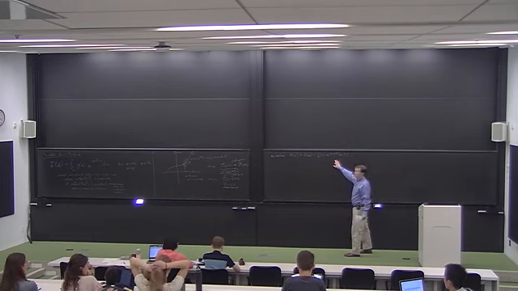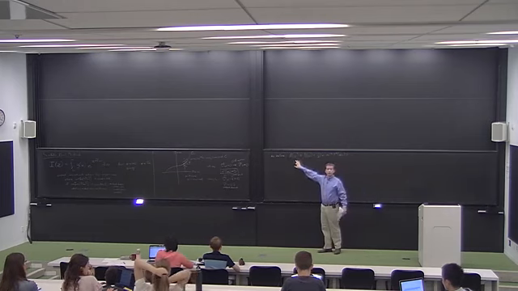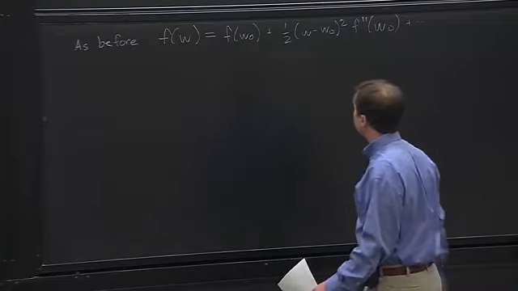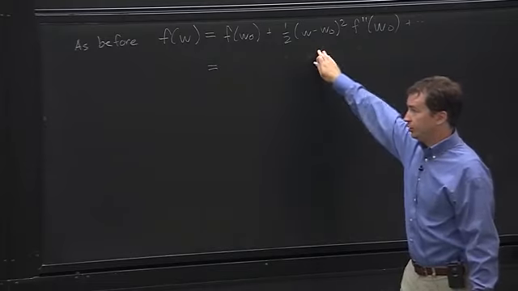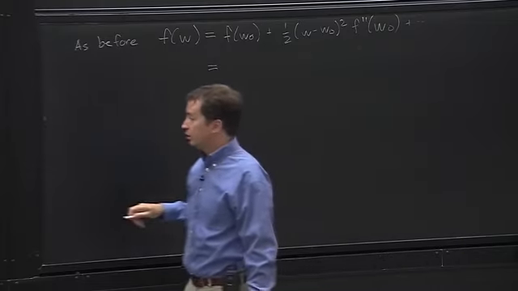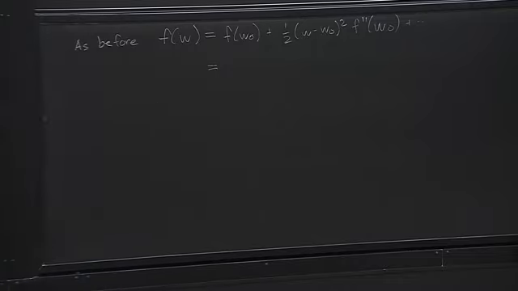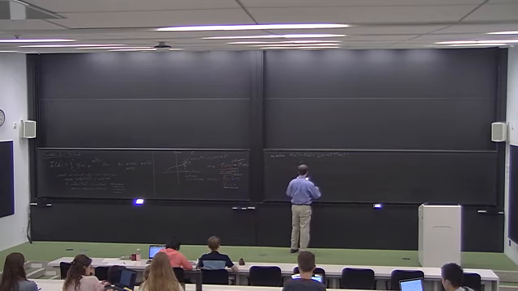Okay, so we want to expand f, which is the exponent of the integrand. But it's more useful to write this in terms of these angles and real numbers, so that we can reduce it to the case we had before.